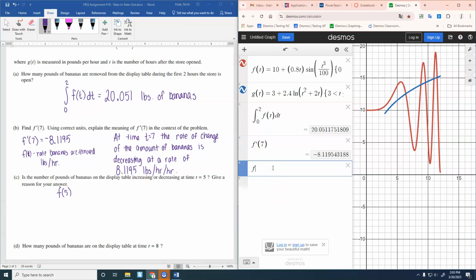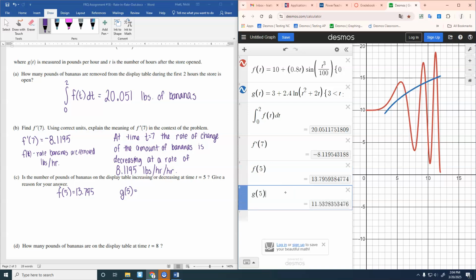So F of 5 equals 13.795, and then G of 5 is 11.533 right there, and both of these are pounds of bananas per hour.